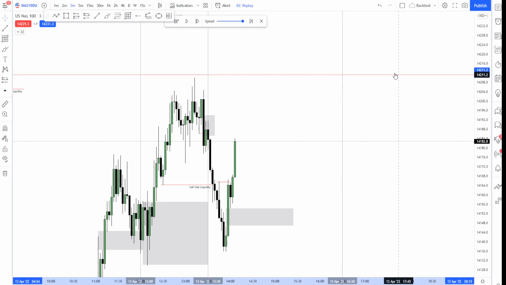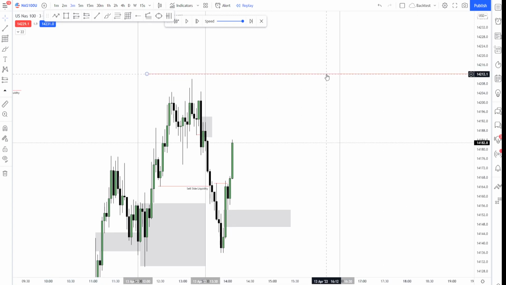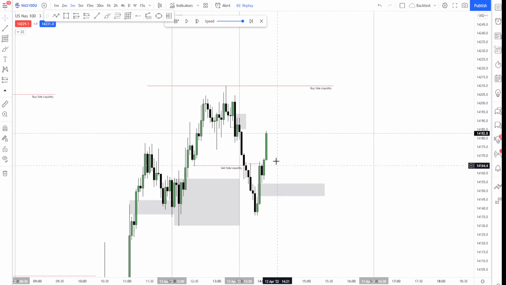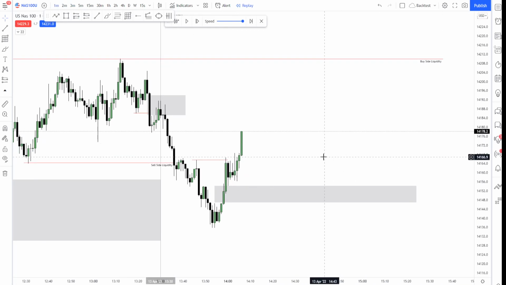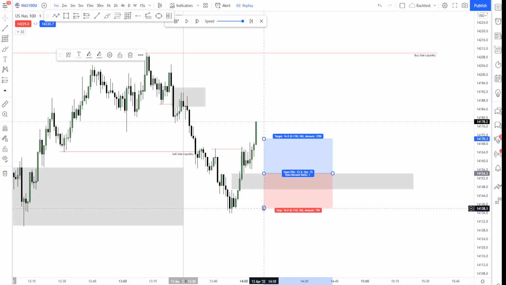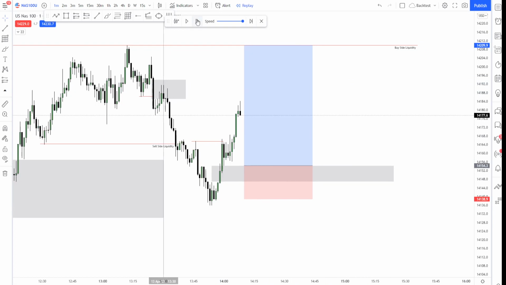Okay, so here's our buy side liquidity that we're aiming for. We want price to come to this 3 minute fair value gap and to go up. So let me just mark this out. Stop loss there. Targeting up here.